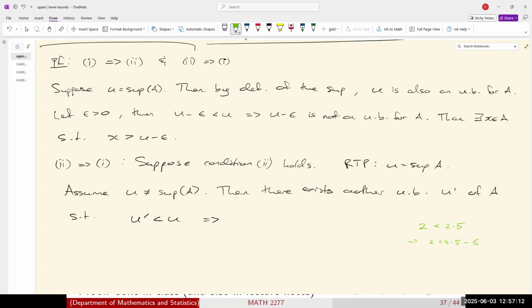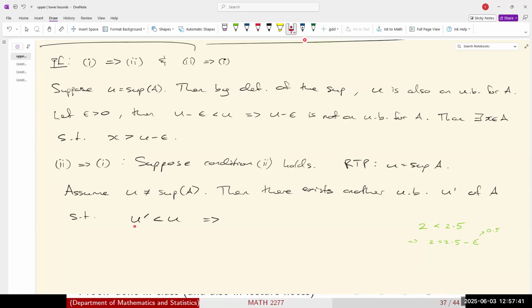Of course, the epsilon is a half. So all I'm saying is that if one number is less than another number, I could convert the less than sign into an equality in this way. I know 2 is smaller than 2.5, so 2 is equal to 2.5 minus some amount, epsilon.